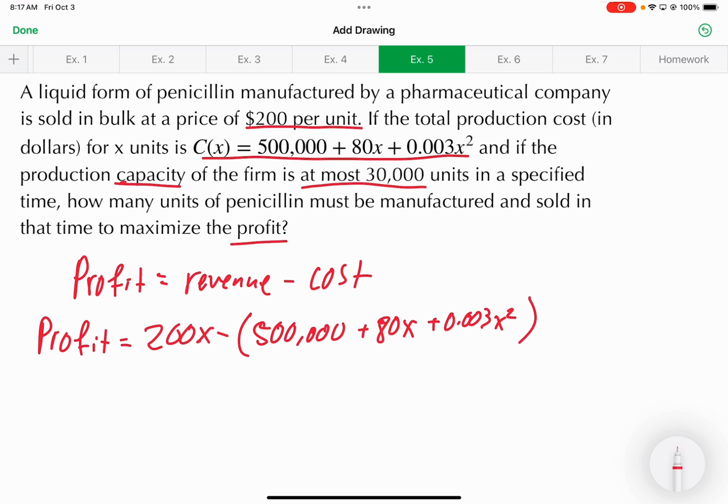There we go, revenue minus cost. Now the domain: we can make 0 all the way up to 30,000.